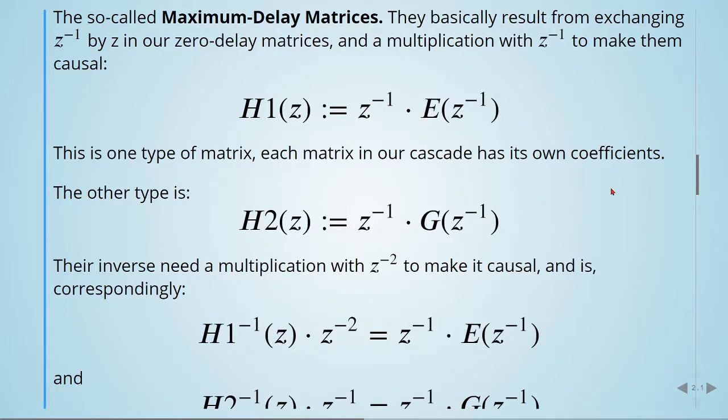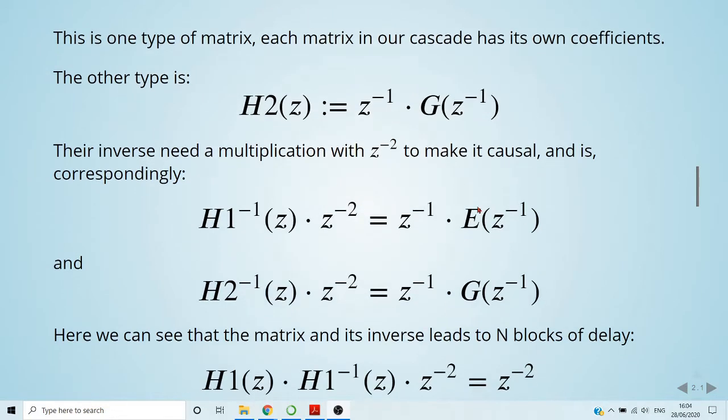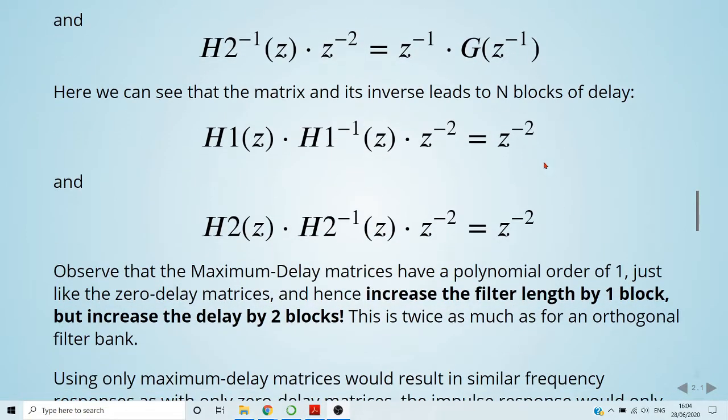The other type is given here. Their inverse needs a multiplication with z to the power of minus 2 to make it causal, and is correspondingly this one here and this one here with the multiplication of z to the power of minus 2. Here we can see that the matrix and its inverse lead to N blocks of delay. So we have here and here.